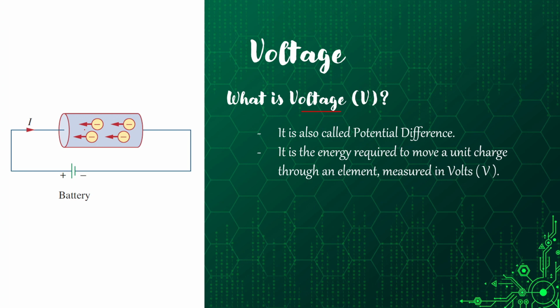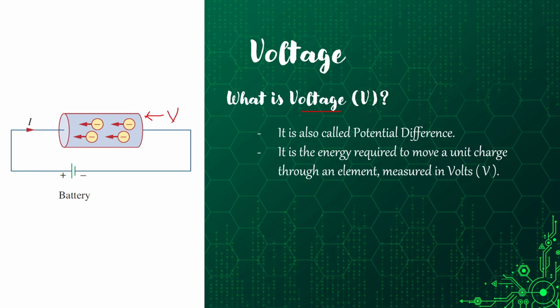Based on the figure, the electron is flowing. Therefore, there is a voltage that is pushing the electron. So the purpose of the voltage is to push the electron.